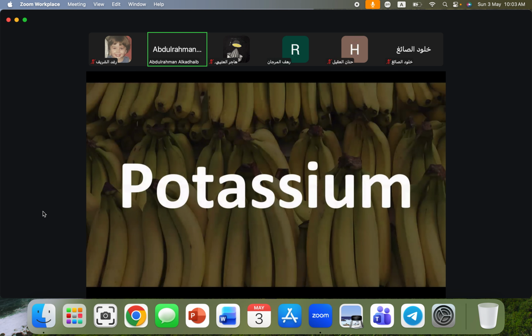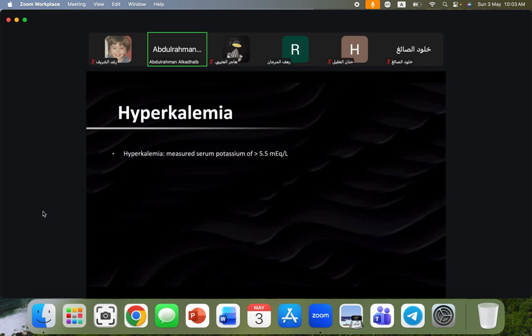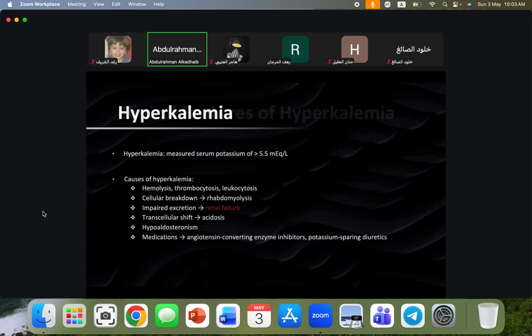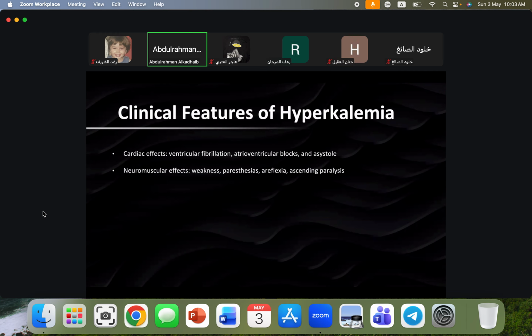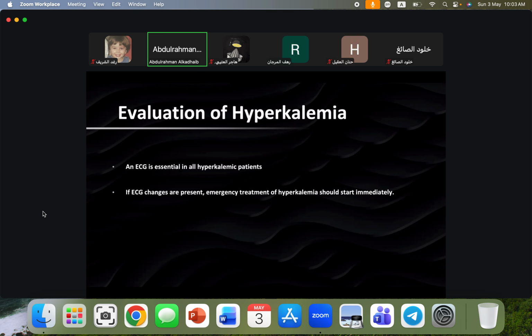So one of the tricks that I usually instruct my patients when I discharge them, I mean the hypokalemic patient, when I discharge them from the emergency department, I usually instruct them to eat bananas just to make sure that they do not develop hypokalemia again and prevent revisits to the emergency department for the same reason. So I just instruct them to have at least one banana per day for the next 5 days. Just a fun fact, just to help them with avoiding hypokalemia again. Okay.